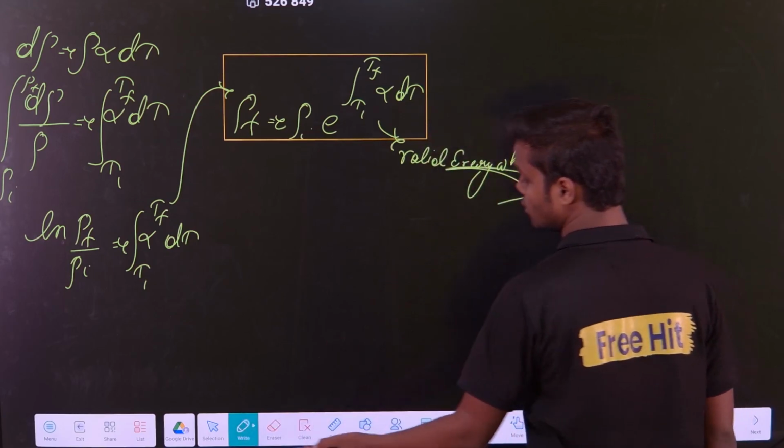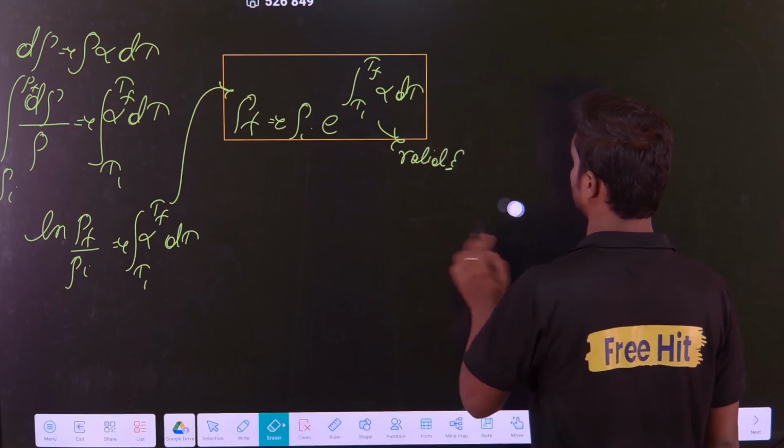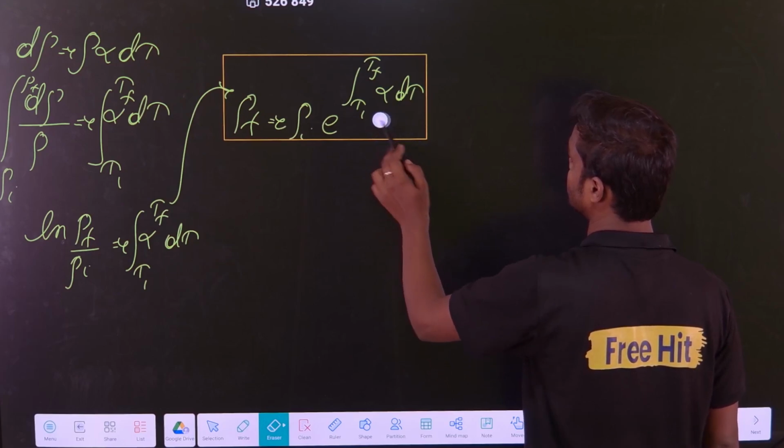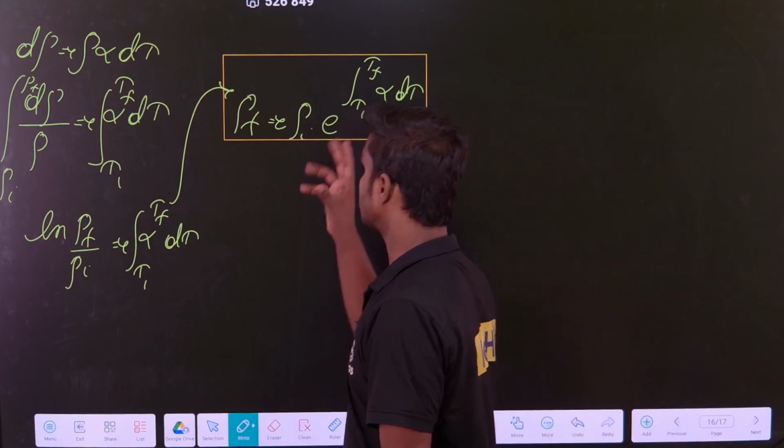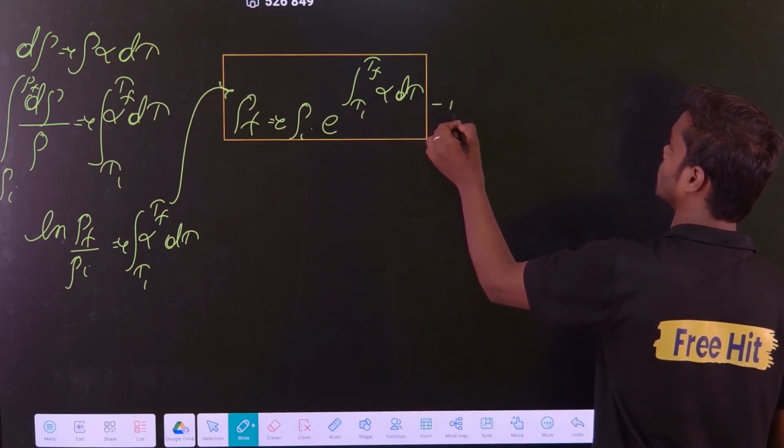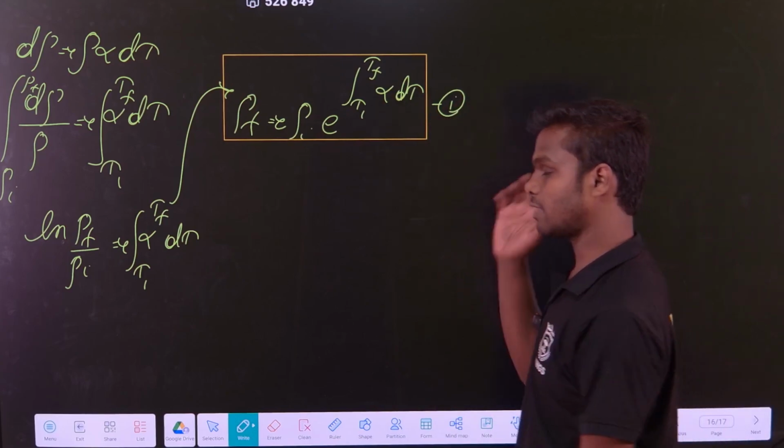Where we are going to use this equation, I will give in the conclusion. No need to write it here, otherwise it will be confusing. We just got this first expression, you do not have to remember this.